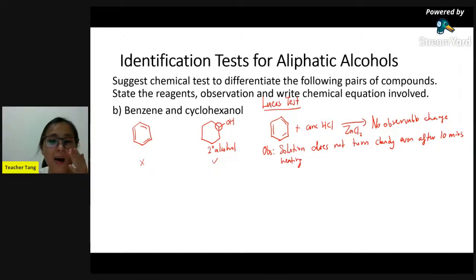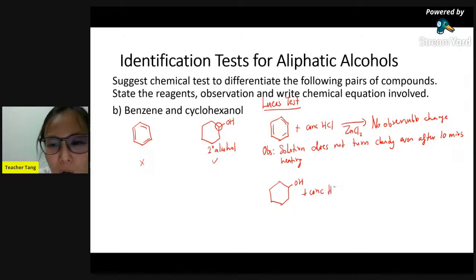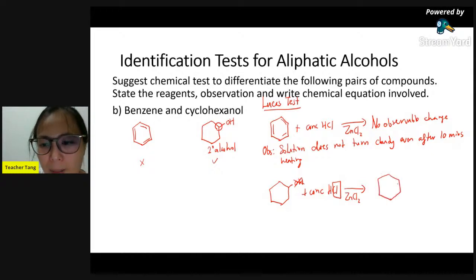Then how about cyclohexanol? So cyclohexanol, again, ini Lucas test, kita kena guna Lucas reagent. So Lucas reagent basically substitution reaction, Cl ganti the OH. So we get the product, byproduct water.